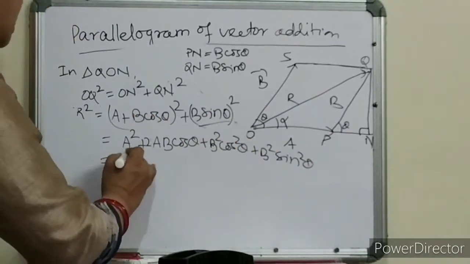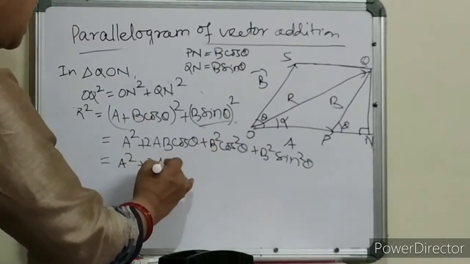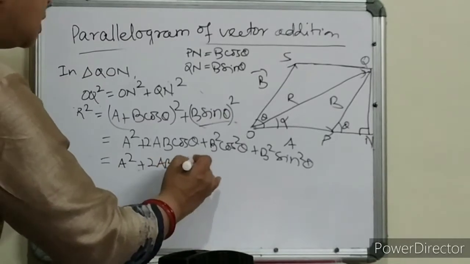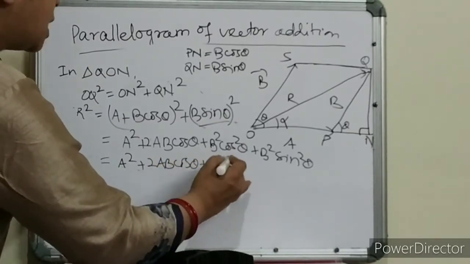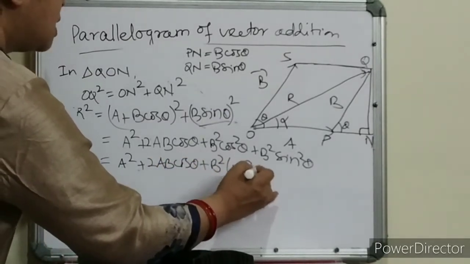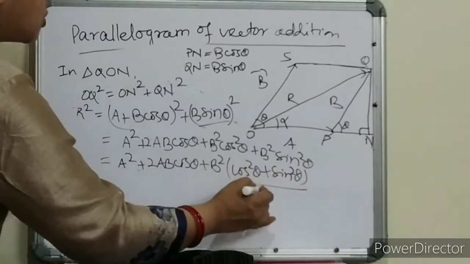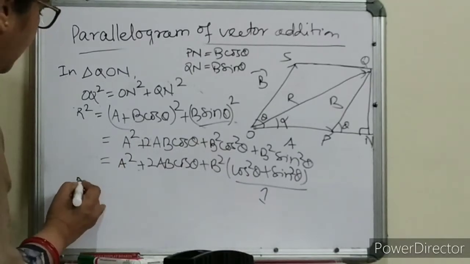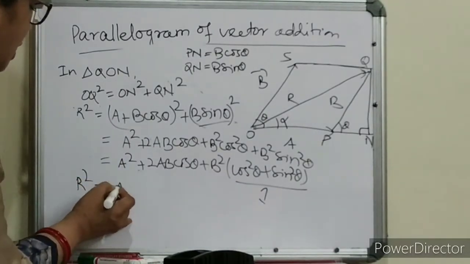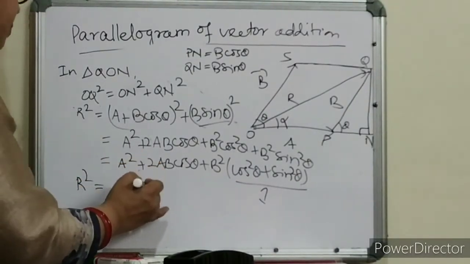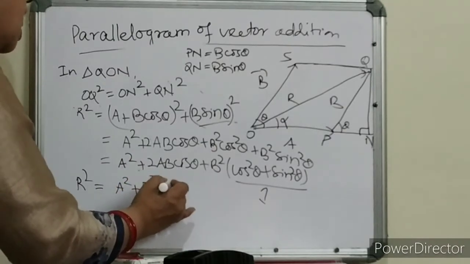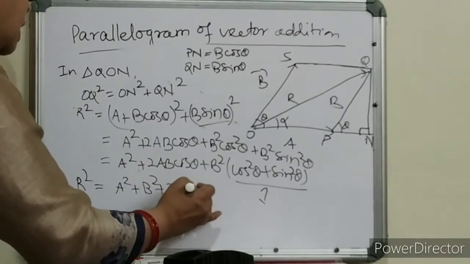Now A square plus 2AB cos theta plus B square, taking common, cos square theta plus sin square theta, and cos square theta plus sin square theta is equal to 1. So we will get R square is equal to A square plus B square plus 2AB cos theta.